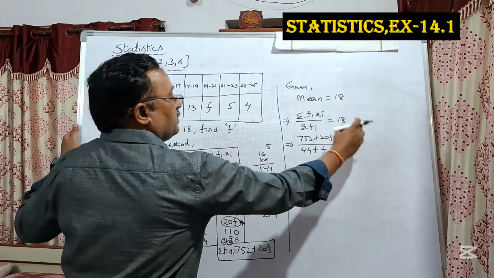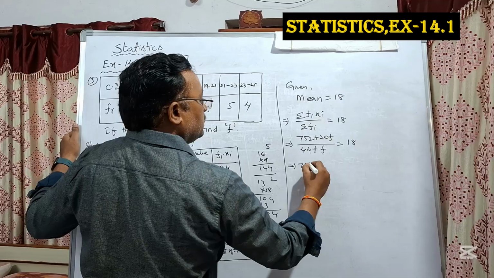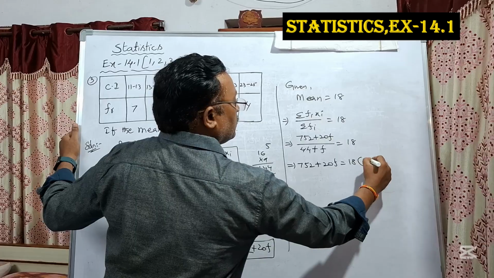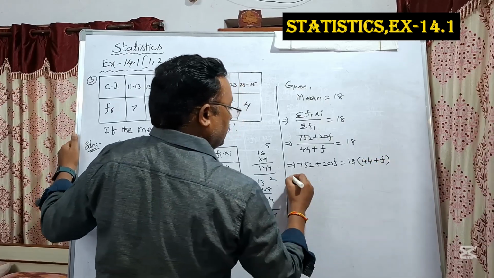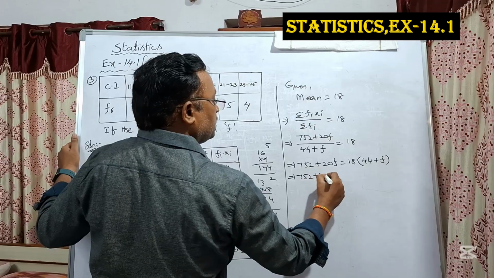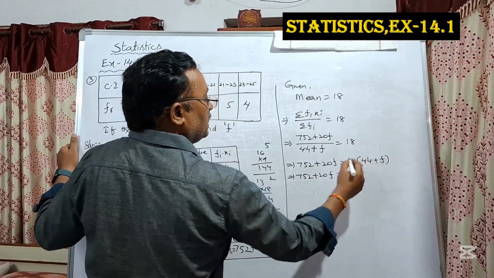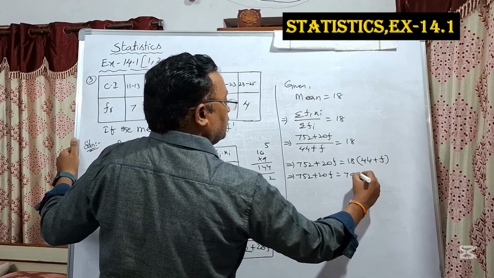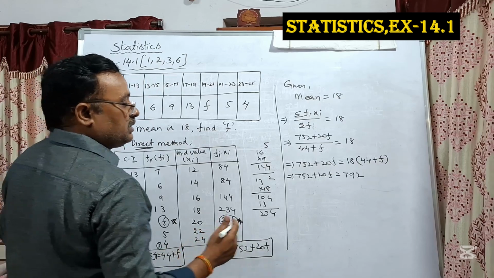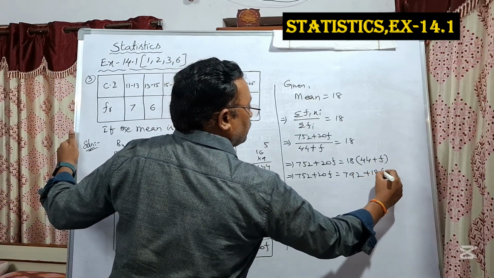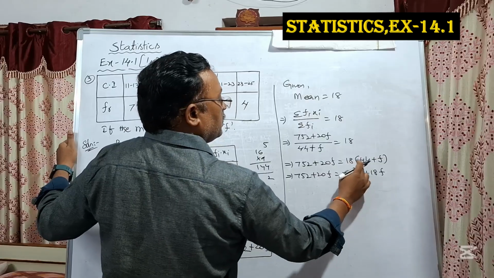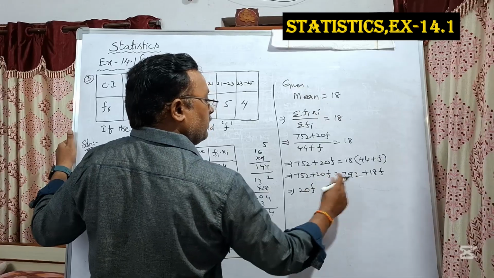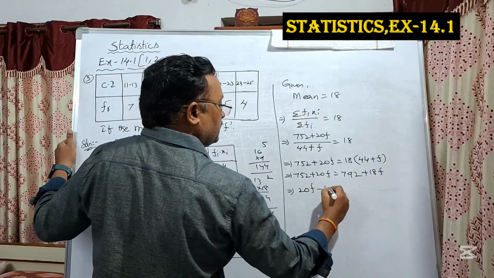Do cross multiplication. This gives 752 plus 20f is equal to 18 into 44 plus f. This implies 752 plus 20f is equal to 792 plus 18f, since 18 into 44 is 792. The f values go to one side, so 18f goes to the left side as minus 18f.